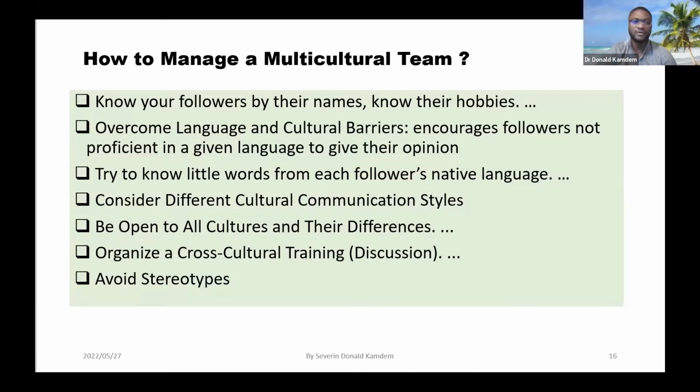Try to learn more, even little words, from each follower's native language. That's why I started by saying hi in so many different languages. Consider different cultural communication styles, be open to all cultures and their differences, organize cross-cultural training, and avoid stereotypes.